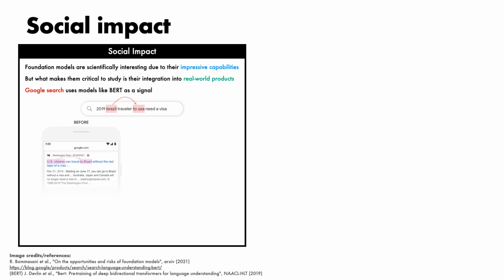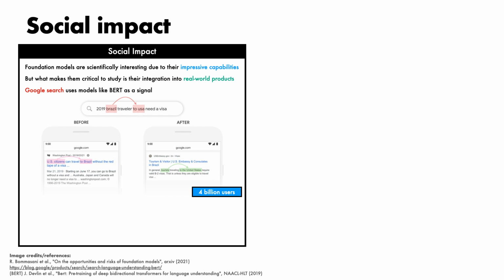By contrast, after BERT was added as a signal, the search ranking was significantly improved, and results were shown that focused on individuals travelling to the United States as intended. One thing that makes this change consequential is that Google Search has an almost incomprehensible 4 billion users, so the behavior of the model has major implications.